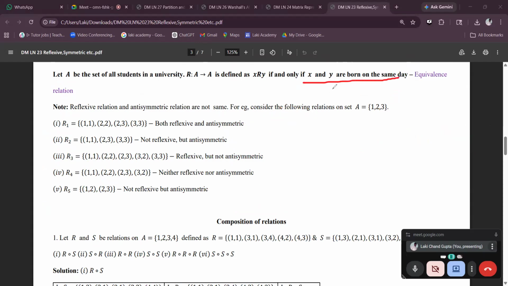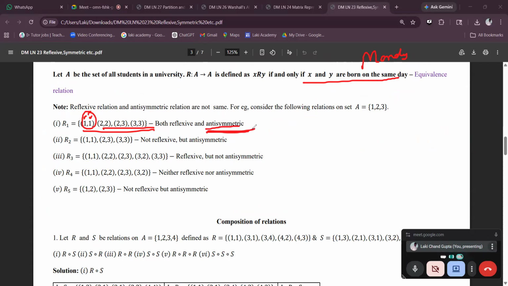X and Y are born on the same day, let's suppose Monday. It is reflexive, yes, because first and second are both born on Monday. This is also symmetric, but not antisymmetric.